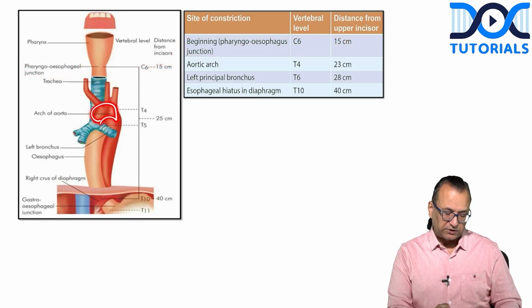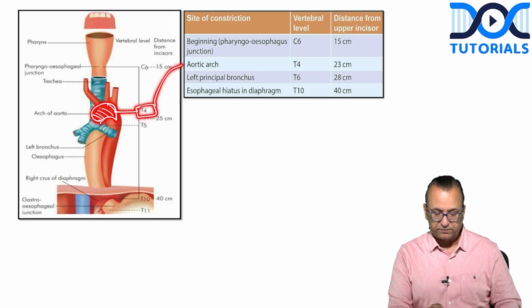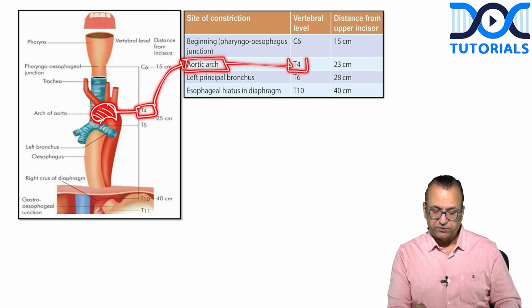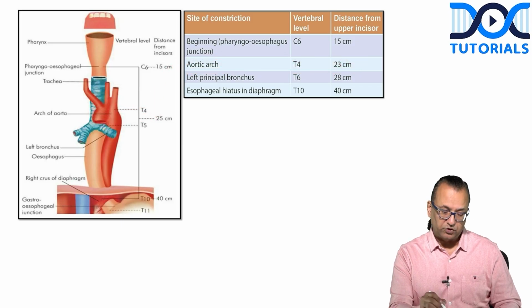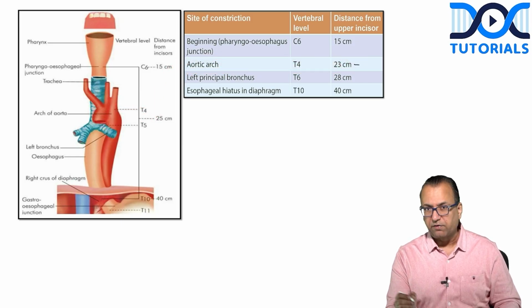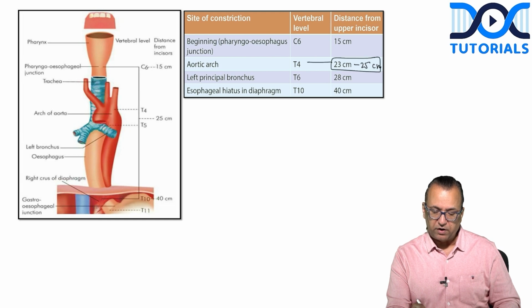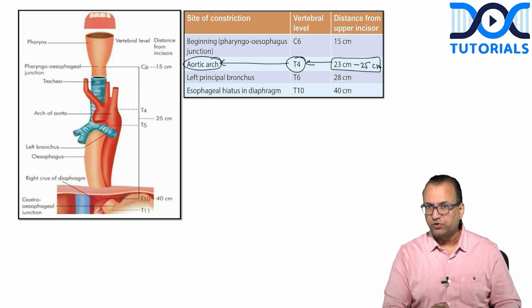Number 2, the arch of aorta compressing the esophagus posteriorly, T4 vertebra level. Remember, it is T4 vertebra level and the marking is 23 to 25 cm. You should be careful. It is 23 in anatomy books, 25 cm in surgery books. So you can remember 23 to 25 cm, T4, aortic arch compressing the esophagus posteriorly.